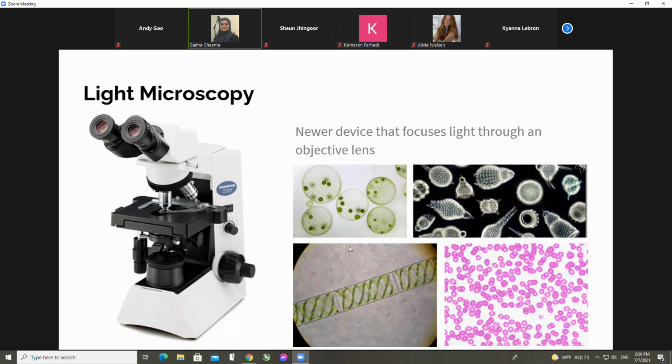Okay, so the formula that was given was resolving power equals wavelength of light, which is lambda, over 2 times NA. So there are 2 variables here, right? One is the lambda, which is the wavelength of light, and the other is numerical aperture.